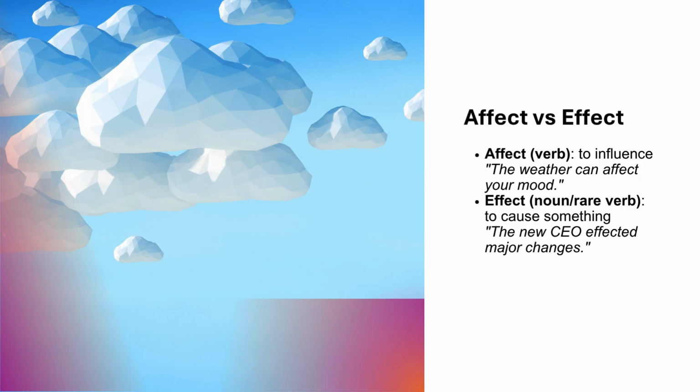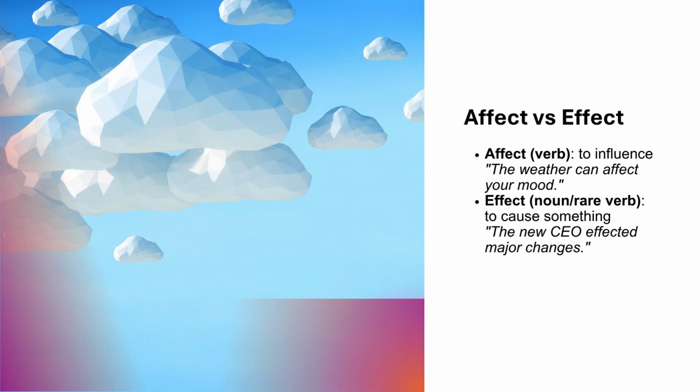For example, the new CEO effected major changes. Or, for example, the growth of the population had so much effect on the economy. So this is the difference between affect and effect.